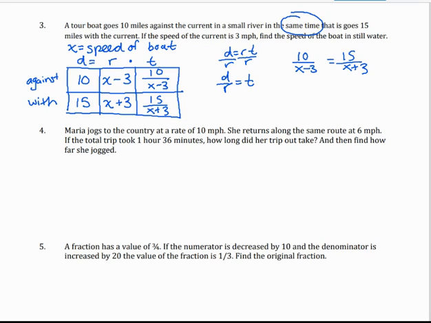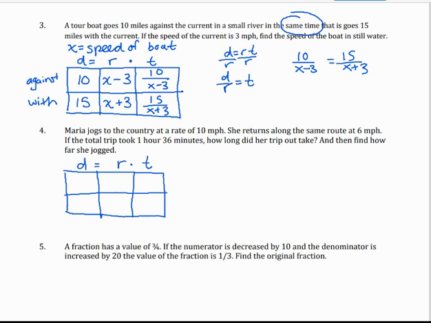So I'm going to help start the chart, but you have to finish it and finish coming up with the equation and solving. So we're going to do our same sort of thing here. We have distance equals rate times time.